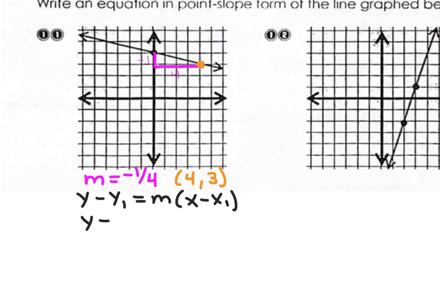So y minus y1 is 3 equals our slope -1/4 times x minus x1 is 4. And we want to make sure it's in simplified version, which it is. We have no minus and negative, so there it is in point slope form.